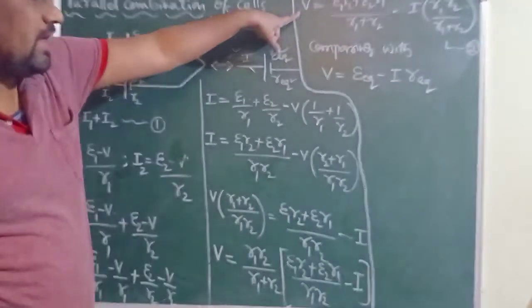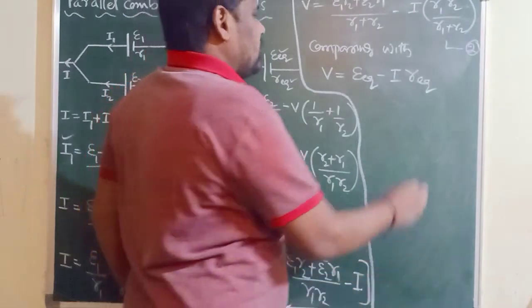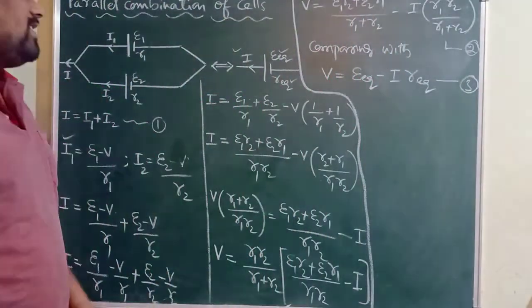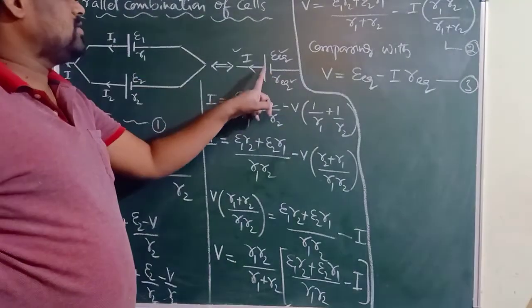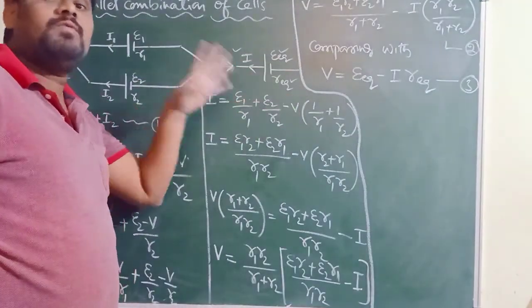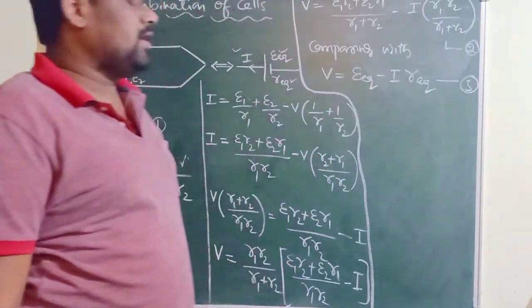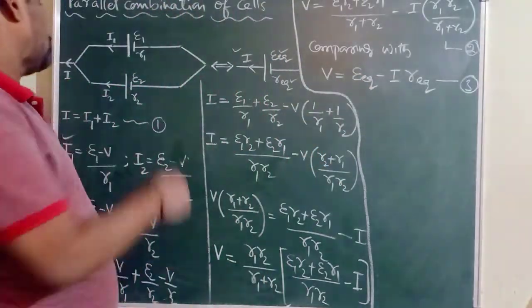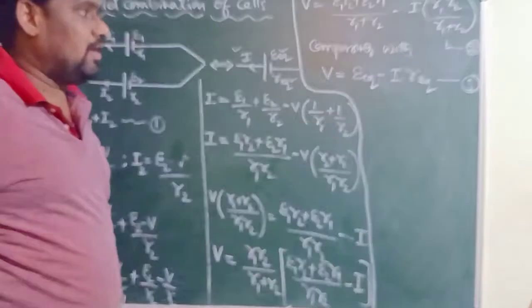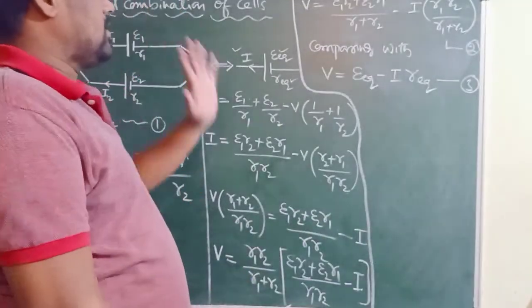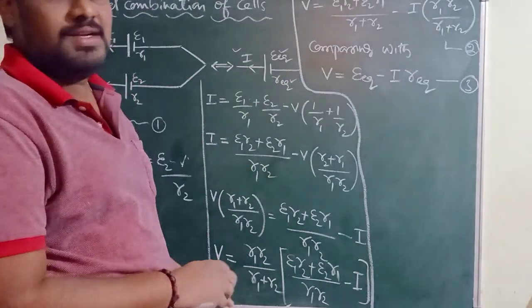This is equation 3, the terminal potential difference across the equivalent cell. Then what is E equivalent? E equivalent is the total EMF when the two cells are connected in parallel. R equivalent is the total internal resistance when the two cells are connected in parallel.